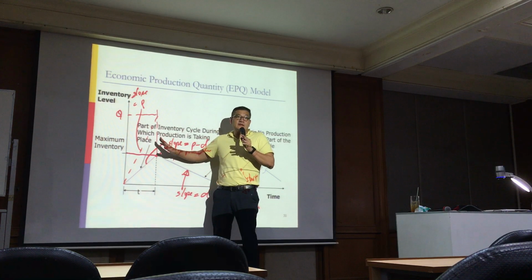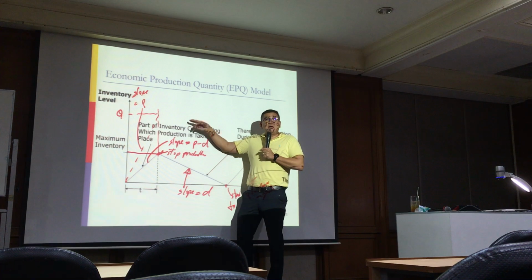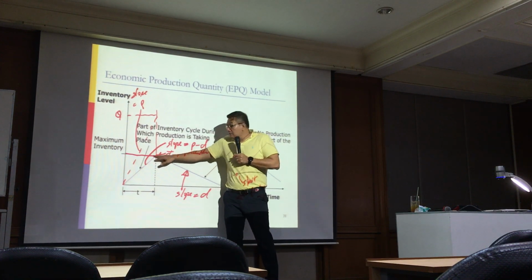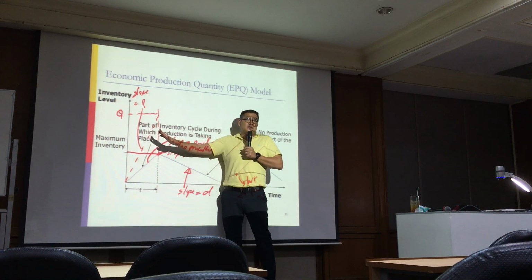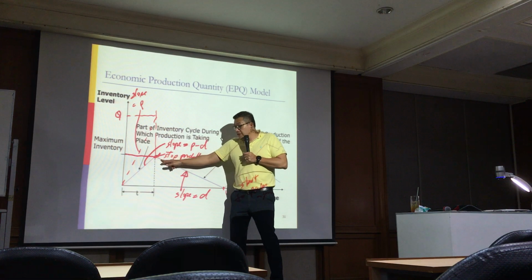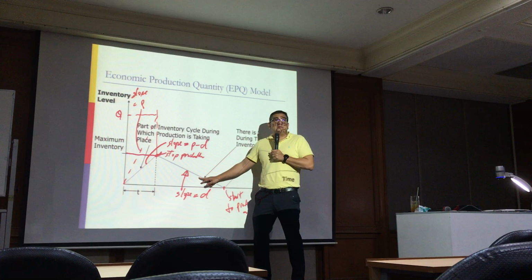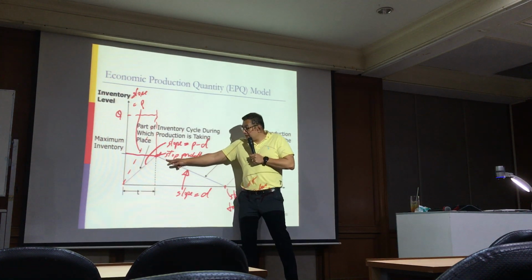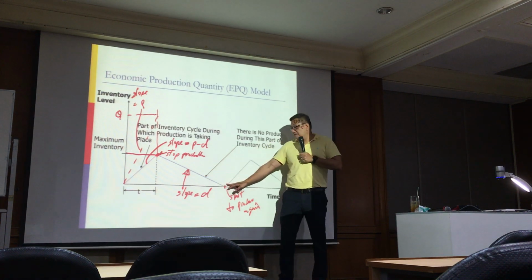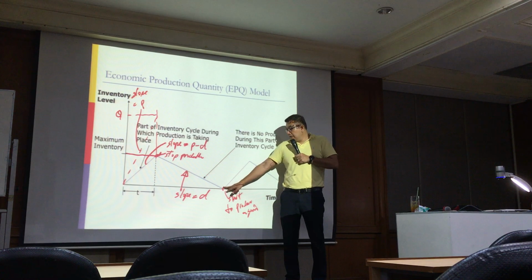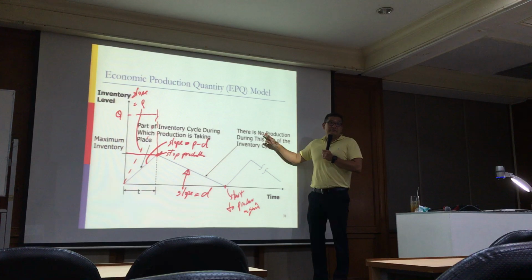But demand is still there, 20 units per day. To serve that demand, we use the inventory we have collected so far, so the inventory level starts to reduce with slope D, the demand rate, 20 units per day, until we use all we have. Then inventory is equal to 0, and at this point we start the production again.